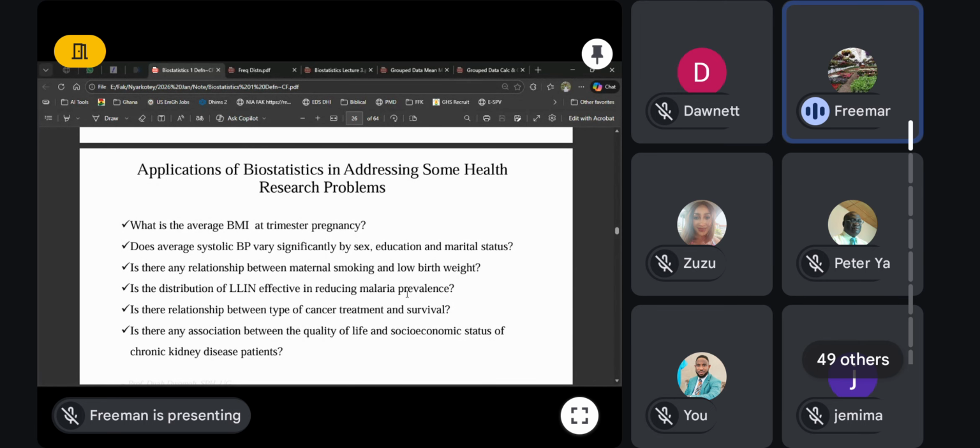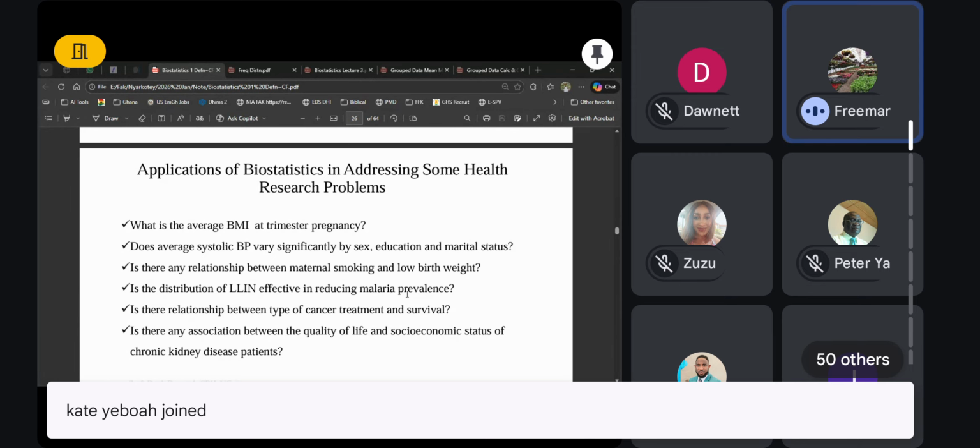Is there a relationship between cancer treatment and survival? So if you have various cancer treatments, depending on the type, I think we have chemo and some other things there.